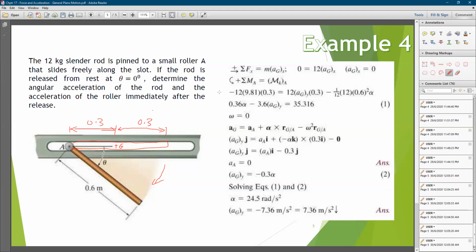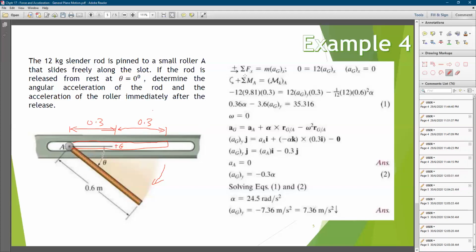Initially, you can look into the summation of force in the x direction. Because initially it is at rest at theta equal to 0, at that particular instant there are no forces in the x direction.